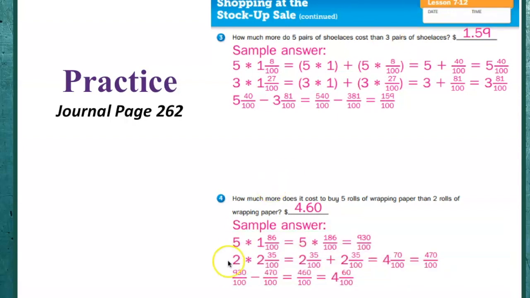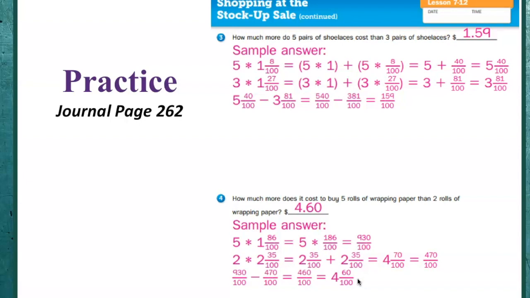So when you do that, 5 times $1.86, which is 1 and 86/100ths, we end up getting 930/100ths, which I would write as $9.30. Next, they did 2 times $2.35, which got them $4.70. Now, when we subtract, I would write $9.30 minus $4.70, and you would get a total of $4.60.